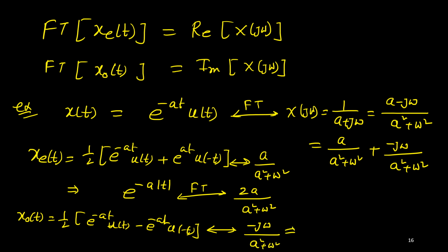We have got from here that simply this one, e to the power minus at u(t) minus e to the power plus at u(−t), has this spectrum. So now I can multiply both sides by 2, giving minus 2jω upon a square plus ω square, and this thing also we got earlier. So you see it is a very effective concept to find the Fourier transform of these two by simply using this property.